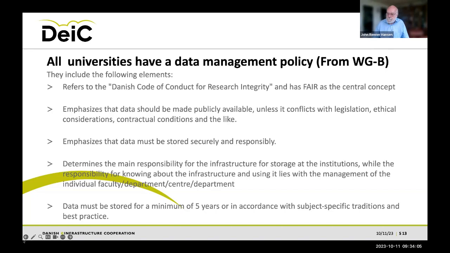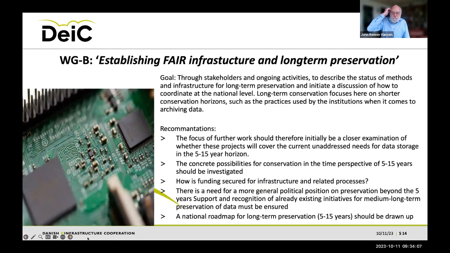Next slide, please. So Group B is about the infrastructure and long-term preservation. One thing they point out immediately is that we need a policy for 5 to 10 years of data preservation, we need infrastructure to do it, and we need general policies.